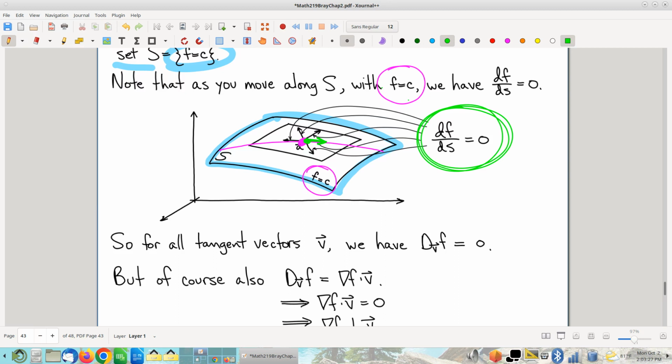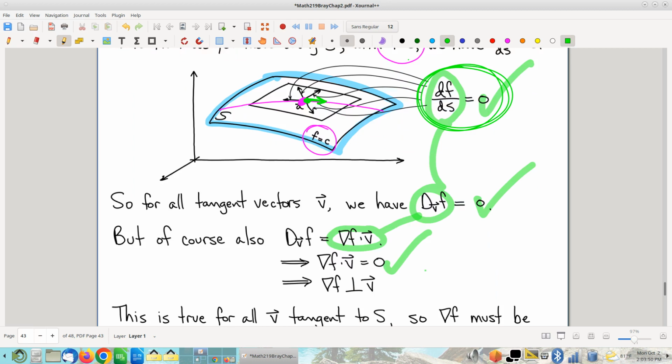But now remember, rate of change with respect to distance is what the directional derivative is, and furthermore, directional derivative is computed with a dot product, so if that's 0, then that dot product is 0.